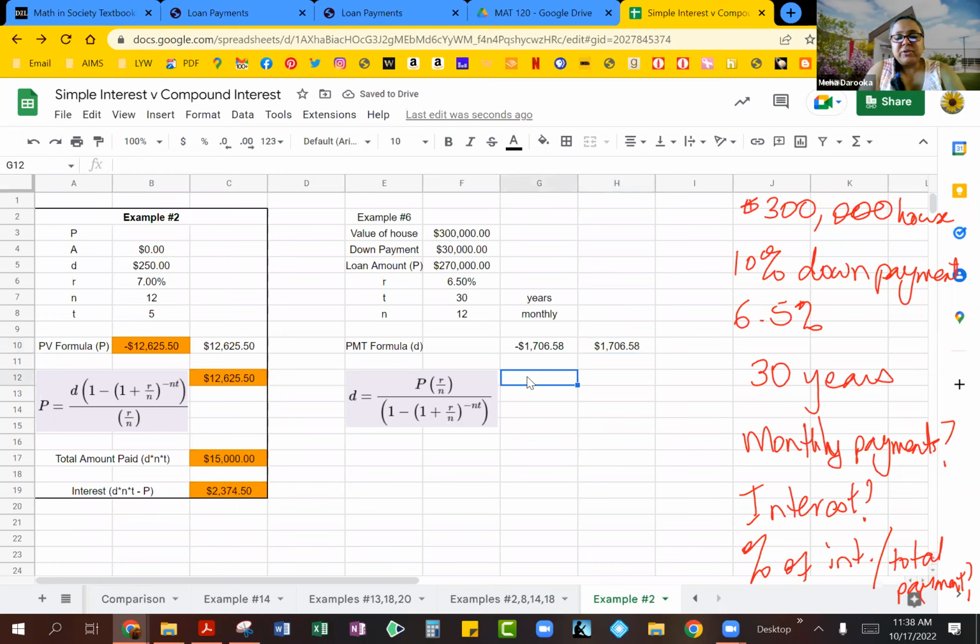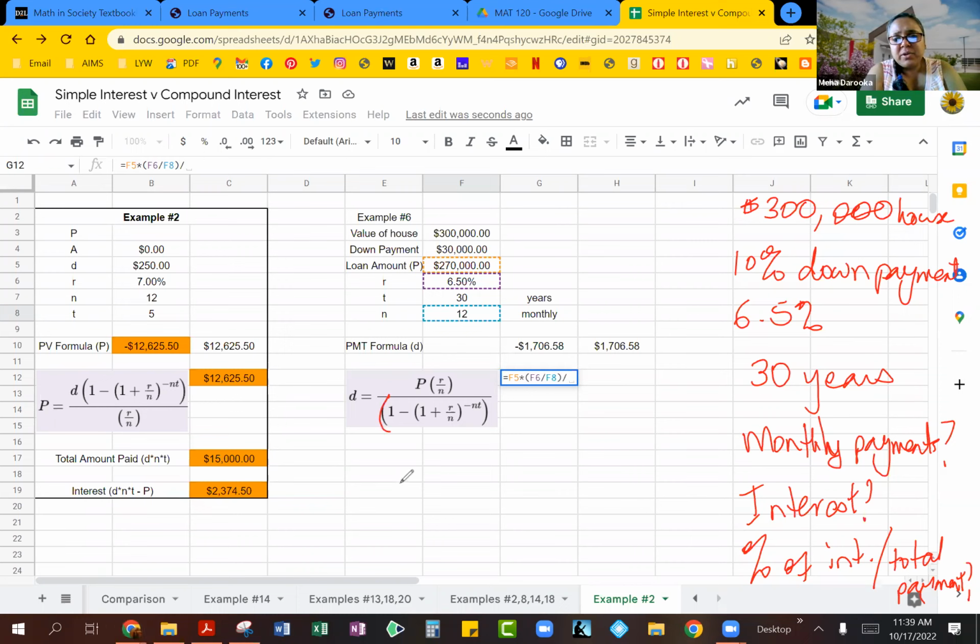Now, let's take a look at how we can type this in using the textbook formula. So again, we'll start out with the equal to. Now you're taking your principal amount, the $270,000, multiply it. And then again, in parentheses, like you have it in the numerator, we'll type in R divided by N, close parentheses. So this takes care of your numerator. Then we have division, and kind of type in the same way as you see this.